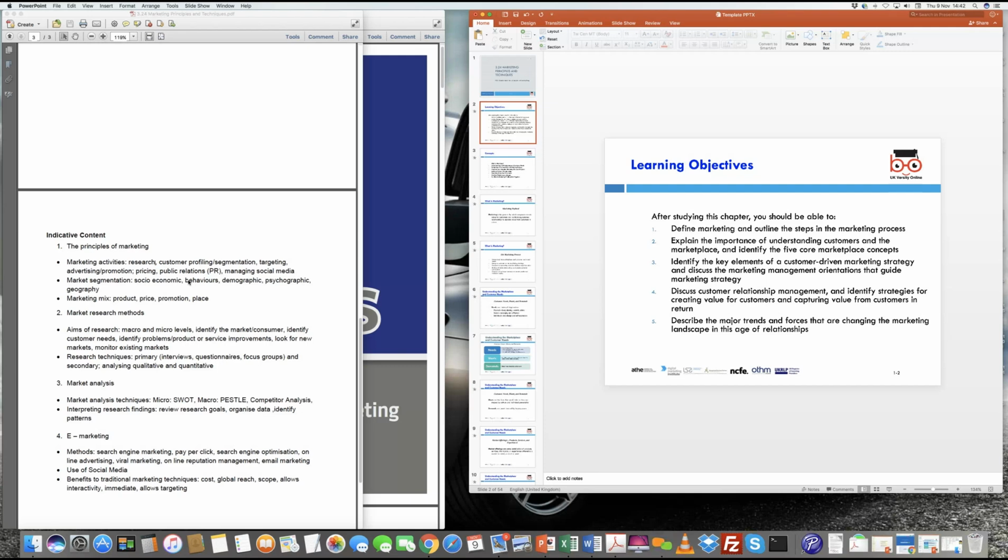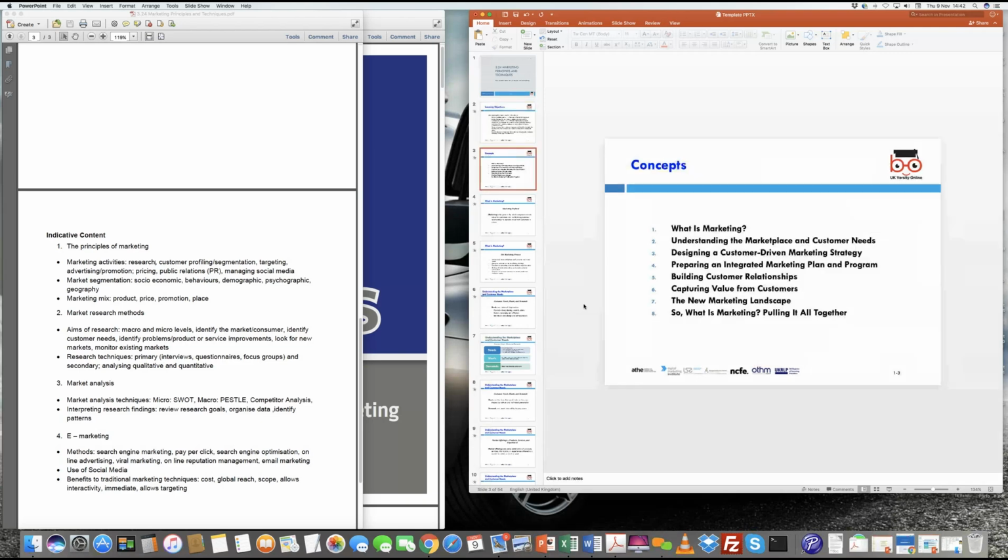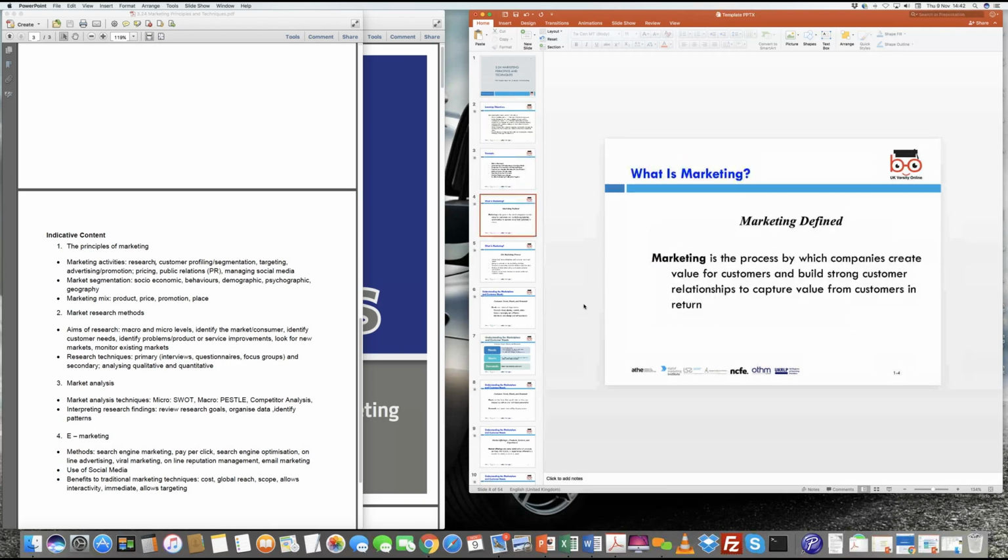They're all various tools under the umbrella of marketing, and we're just going to briefly touch on them in this unit so that you know these are tools and techniques which can be used when you work as a marketing manager, or within a job role where you need to understand consumers' needs and wants and position your products and services accordingly. So let's start off: there are various definitions of marketing.